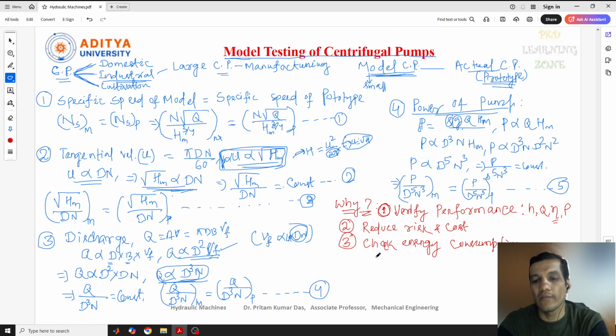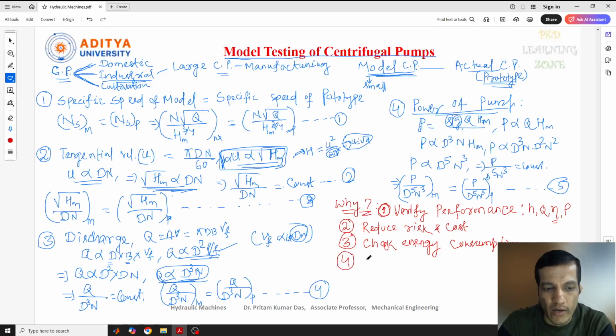If you go for a large centrifugal pump, to develop more power, obviously the input power will be more. At the model stage we can select a small centrifugal pump which requires less power. How much output we are getting from the small pump can be tested, so that we can go for the next one. So by this we can check the energy consumption.